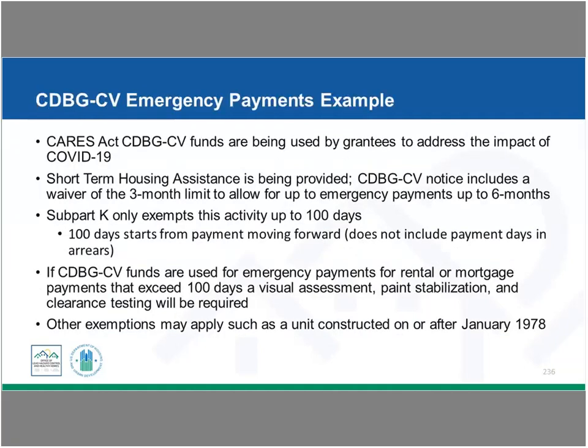The change came under CDBG-CV, where through a waiver of the CDBG regulations, that was extended from the 3-month limit that we're used to dealing with to allow for up to 6 months. And this, of course, raised the issue of, wait a minute, I'm going beyond that 100-day limit.